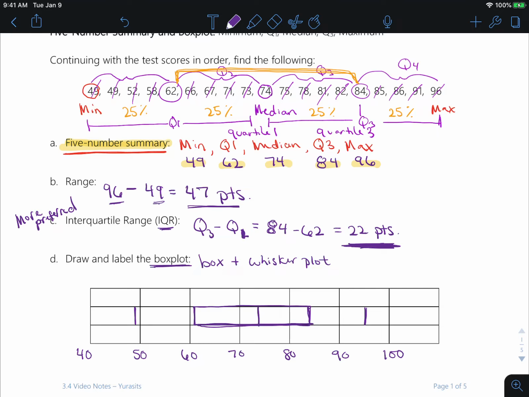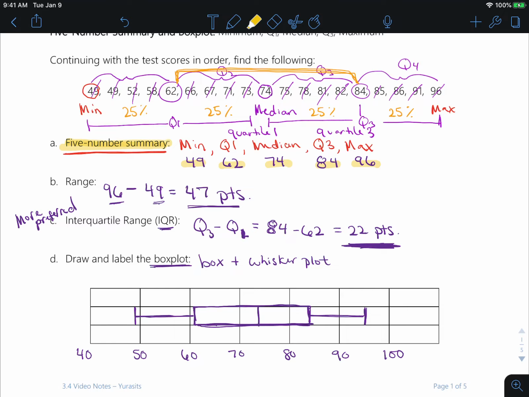Then what we do is we connect a tail onto your max and onto your min. So that's why it's called a box and whisker plot. They think of these as your whiskers. So clearly there's data happening in between this 49 and 62. It's just that 50% of your data is lying right here.